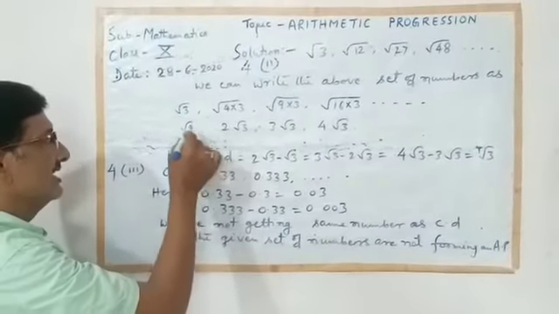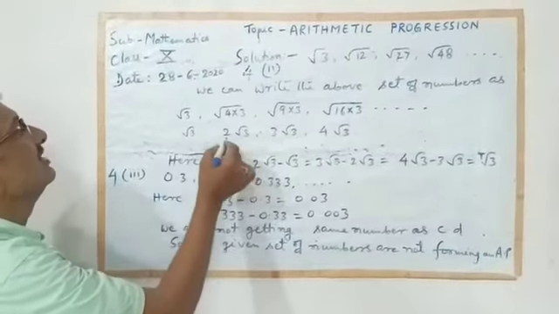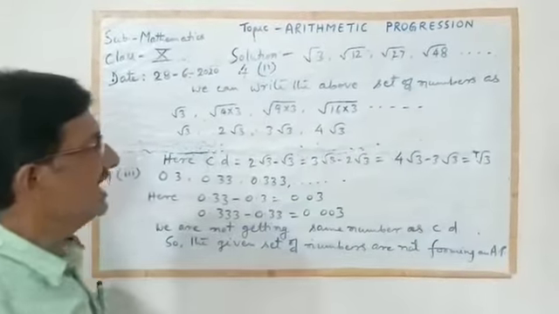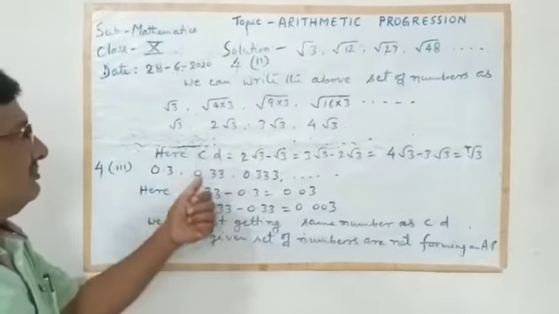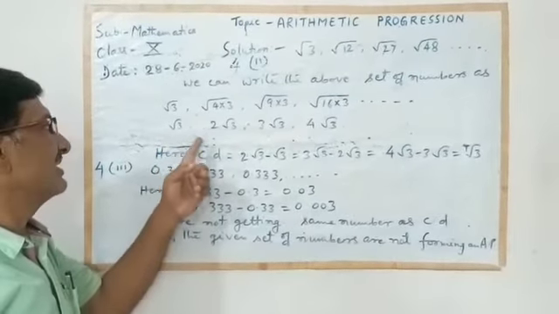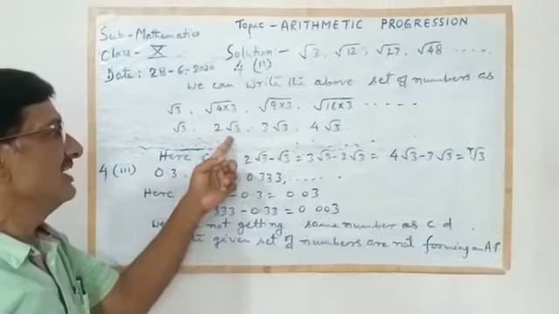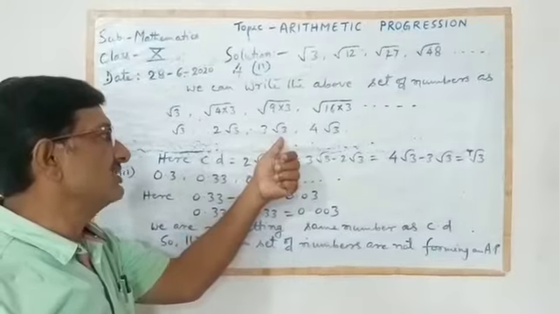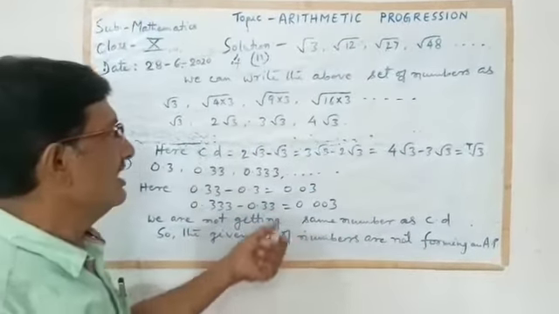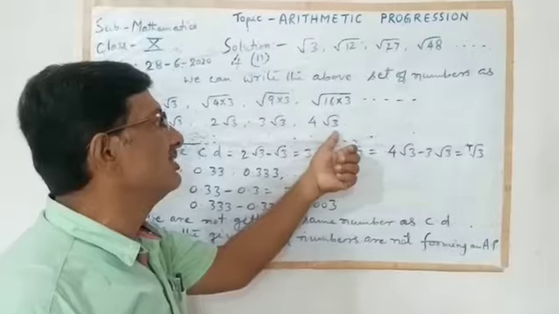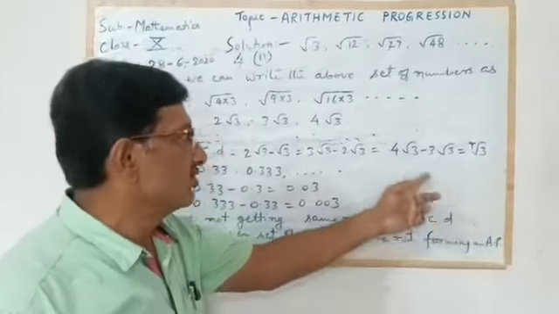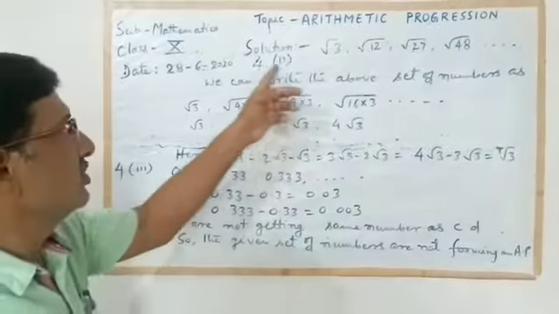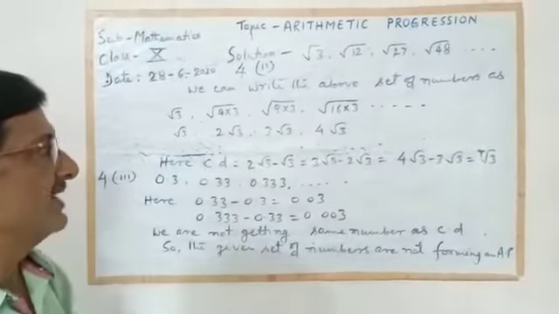So we can write it as root 3, 2 root 3, 3 root 3, 4 root 3 and so on. When we subtract root 3 from 2 root 3, we get root 3. When we subtract 2 root 3 from 3 root 3, we get root 3. When 3 root 3 is subtracted from 4 root 3, we get root 3. So in all the cases, we get root 3 as the common difference. So the given set of numbers is in AP.